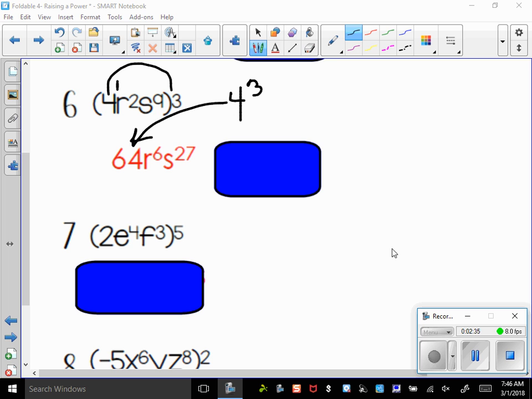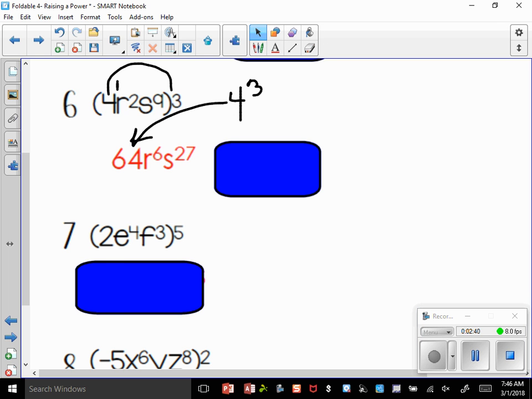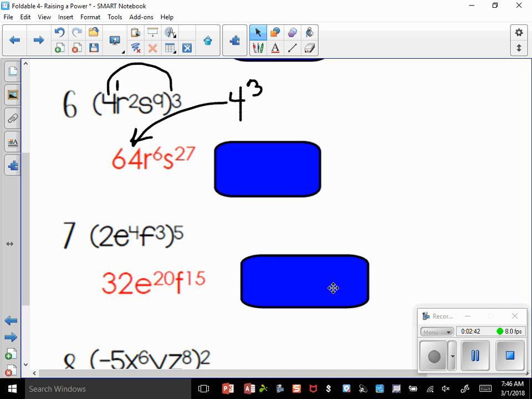So let's take a look at number 7. So same thing, you're going to be raising the 2 to the 5th power, and you can do that right on your calculator. 2 to the 5th power will give you 35, and then you multiply your 4, you multiply your 3 also by 5.